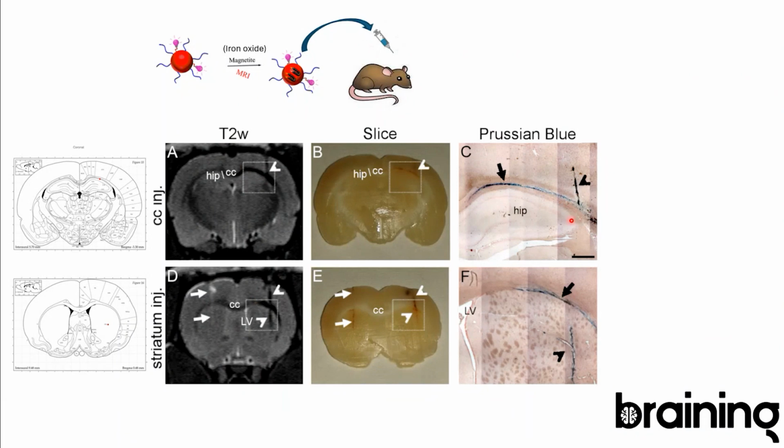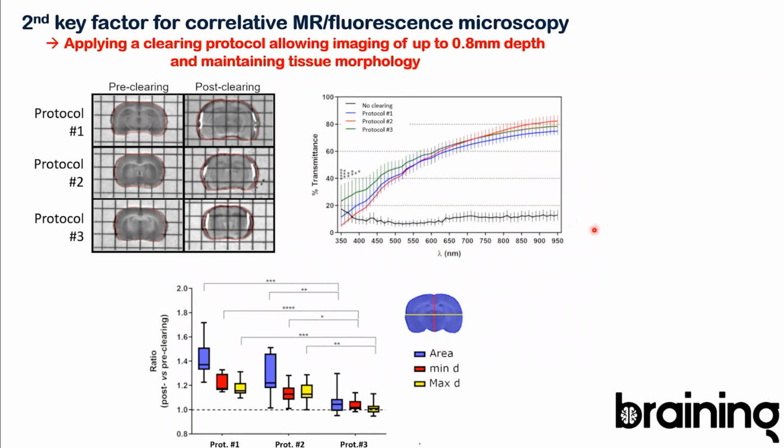So from this point on, what we did was, okay, let's move on and try to apply this in the context of animals that received the injection of glioblastoma cells, and they were vessel painted. Whenever you run a clearing protocol, for sure, the dimension of the tissue will change. There are protocols that shrink the tissue, other protocols that basically expand the tissue. And if you get an expansion or shrinkage which is not homogeneous in every direction, at the end of the day, the analysis that you will run will not be really superimposable to what you expected to have in vivo.